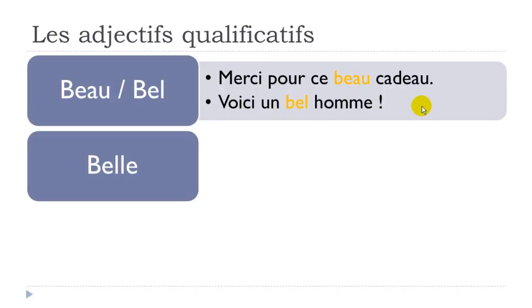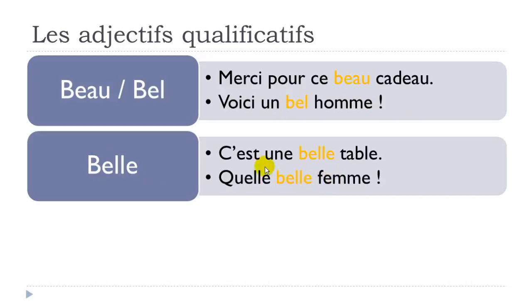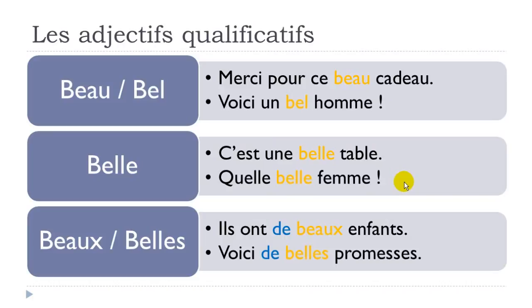Now you can see the feminine form. In that case, it's quite simple because it doesn't change at all. C'est une belle table. It's a beautiful table. And then, quelle belle femme. What a beautiful lady. Plural form: in that case, remember you will have to put this preposition de before.